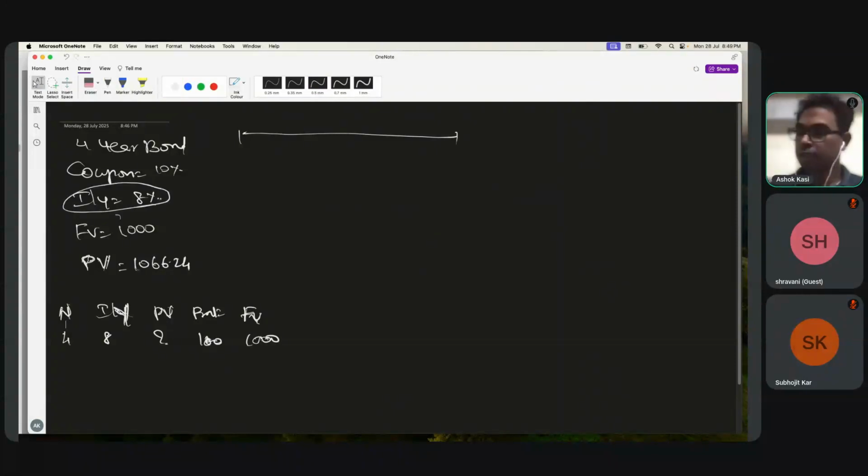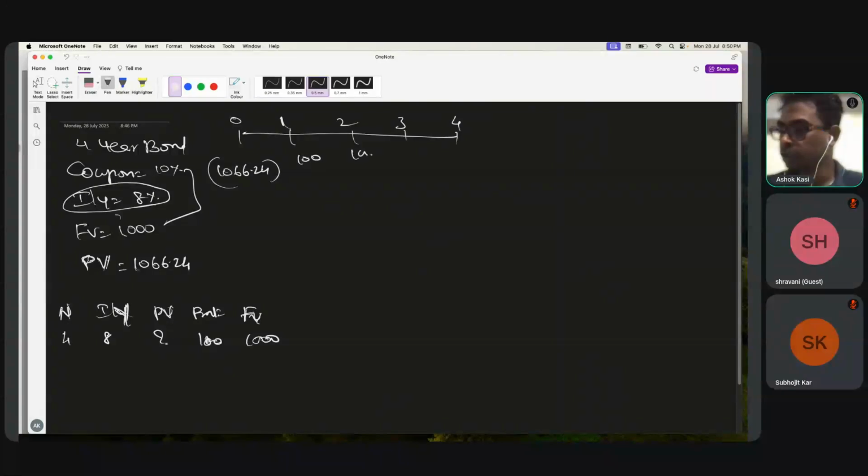Now, yield to maturity means what? If I hold this bond till maturity, I'm going to invest 1066.24. I will keep getting 100, because 10% of 1000 is 100, 100, 100, and then 1000.